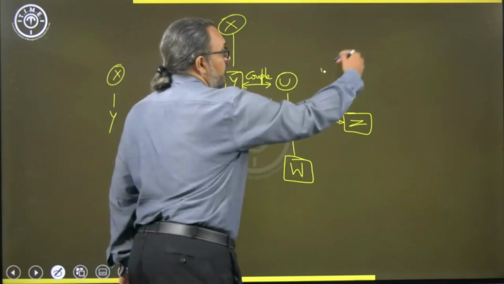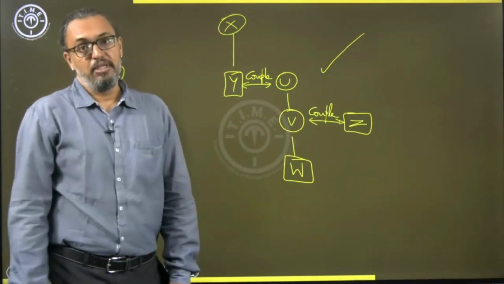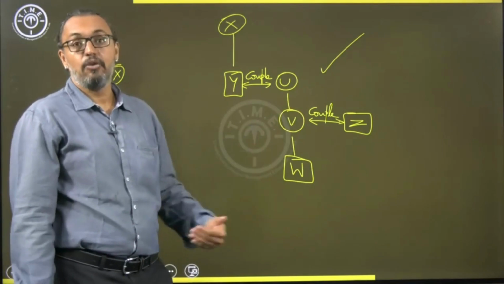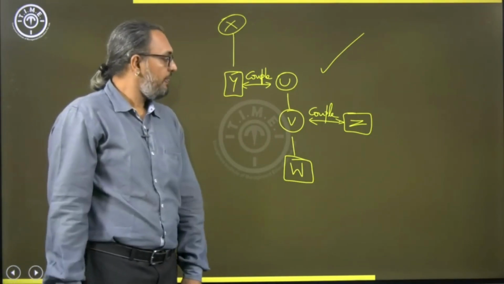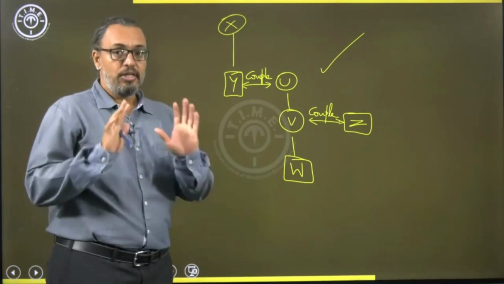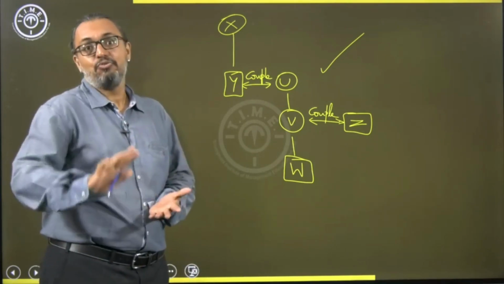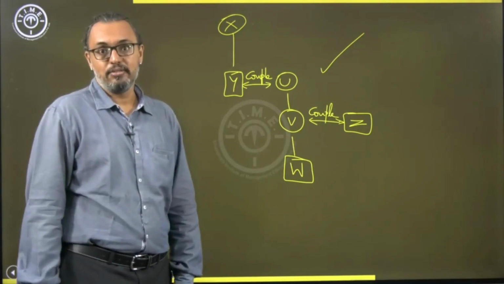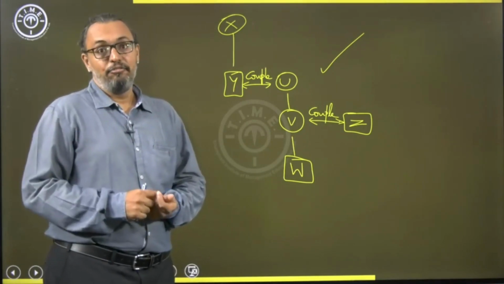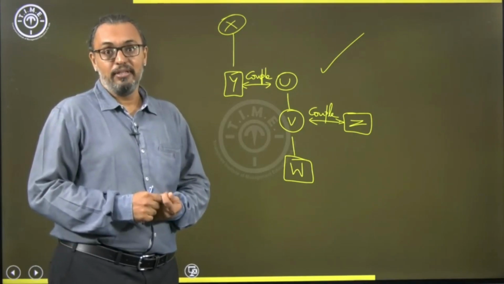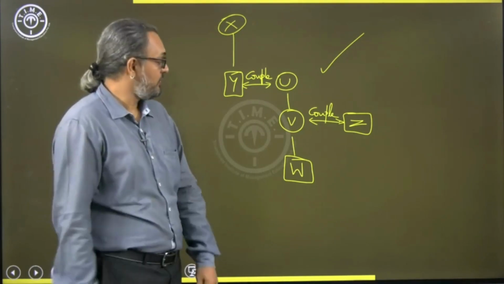So that way we get our final family tree. Right. So constructing a family tree is the easiest way to answer questions in blood relations. So for that you need to know what relations are where and how they have to be given.